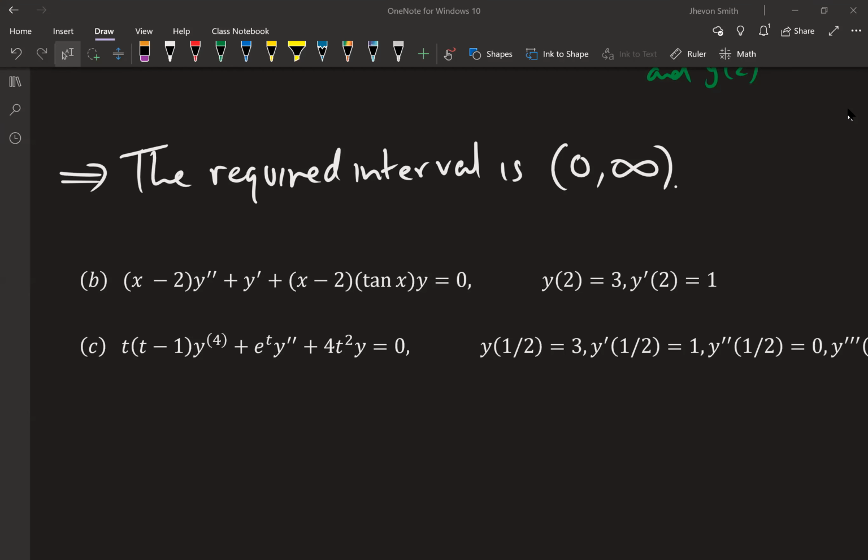All of these things we actually get for free just by identifying an interval where the coefficients are continuous. So it's not strictly speaking irrelevant, but it's not a factor in actually answering this problem.